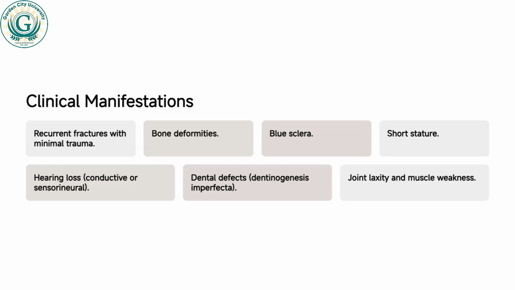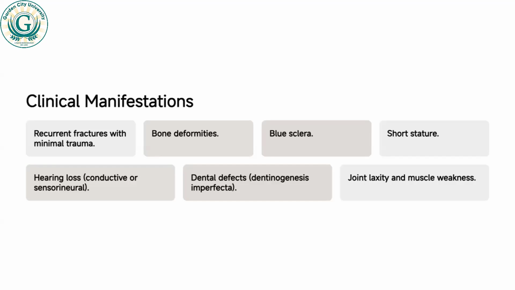Deformities. Blue sclera. So if you look at the eye, you see some bluish kind of color in the sclera of the eye. Short stature. When you look at them, they are not tall, they are very short. So mostly that's their appearance. Hearing loss. It could be either conductive or what?